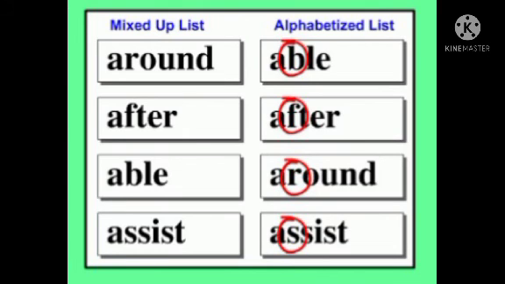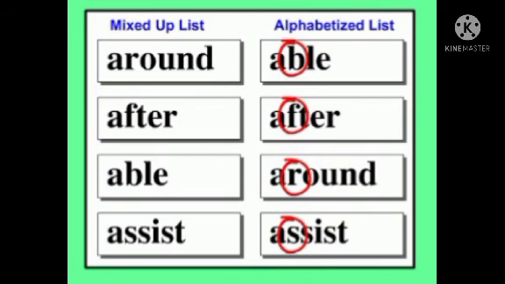One more time I will repeat this. When two or more words begin with the same letter, we sort them by their second letter. We will see the second letter of those words.